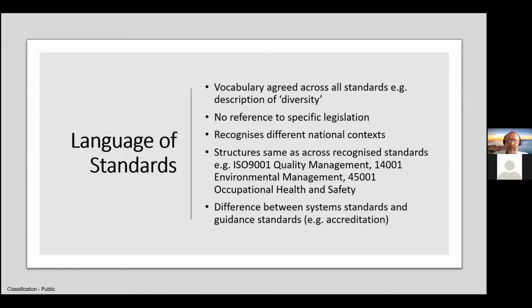So, for example, the definition of diversity comes from a 2016 standard issued by ISO, and 30415 adopted that definition. Some new definitions were created for 30415, which future standards will now have to adopt. So, for example, the definition of inclusion is now set within ISO and was developed within 30415.